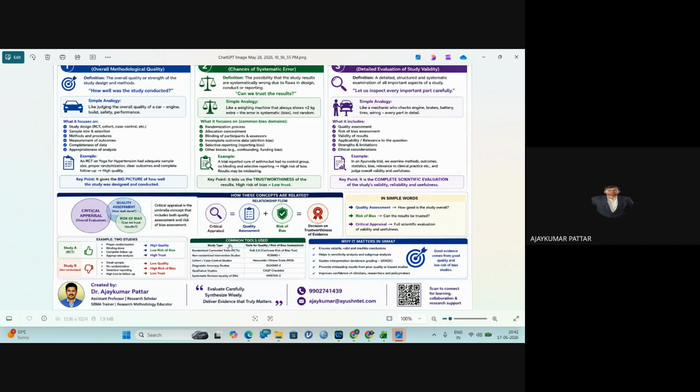The final practical point we need is that we analyze our research papers using different kinds of tools based on study type. If I am including only randomized controlled trials in my SRMA, we use this particular RoB 2.0. This is from Cochrane only, Robins risk of bias.